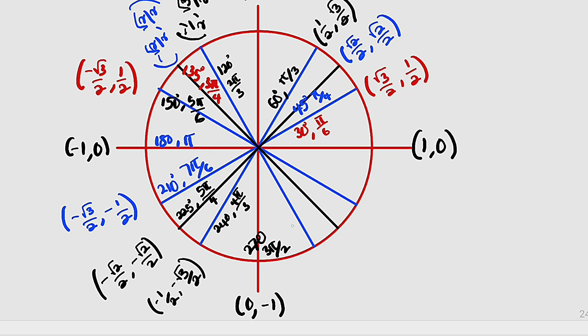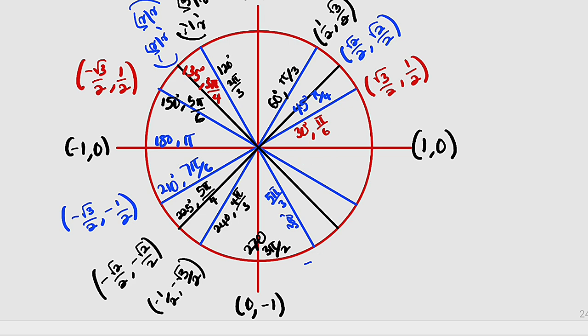300. So this is either 300 degrees or 5 pi over 3. So it must correspond to which one? This. You can always use the first quadrant as reference. Oh no, for x, it will be this, right?